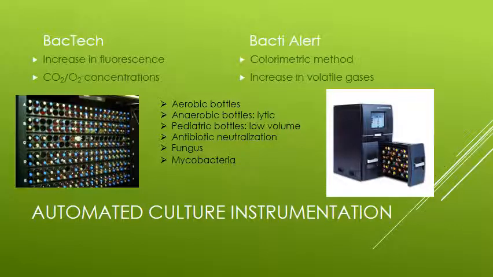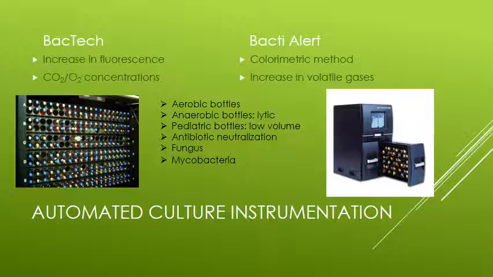Now, you've been through, or you're going through the micro rotation, you know that there are already machines there that we use, and they have made our lives in the micro lab much better, okay? And that would have to start with the blood culture instrumentation, and not just blood culture.